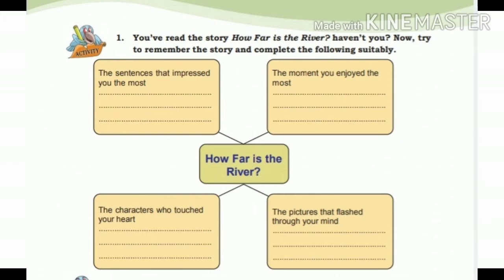Now next, we can write the next part, the moments. What are the moments? You can write like this, like I enjoyed some moments a lot. You can write whatever moments you enjoyed.